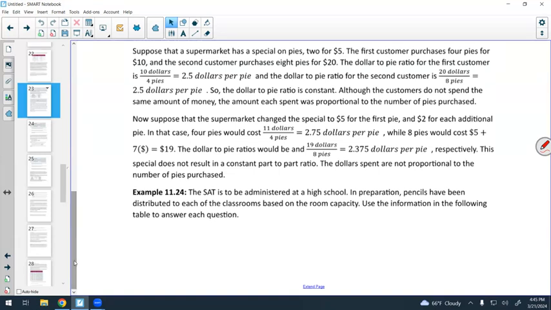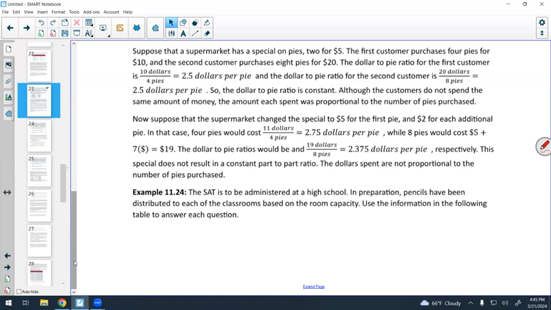Now suppose that the supermarket changed the special to $5 for the first pie and $2 for each additional pie. In that case, 4 pies would cost $11 over 4 pies, which is $2.75 per pie, while 8 pies would cost 5 plus 7, or 19.